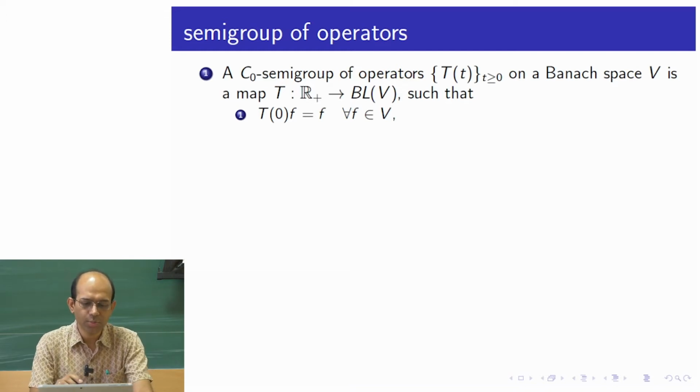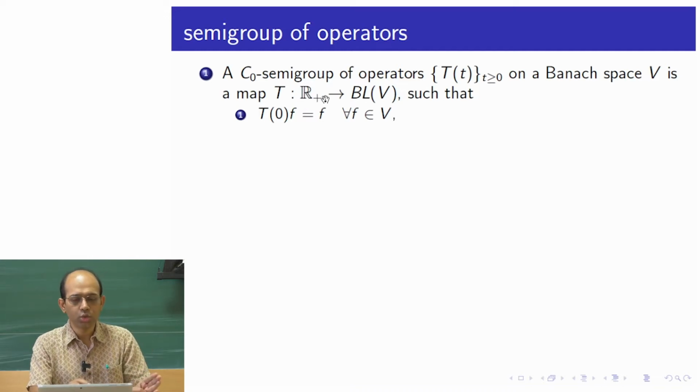A C0 semigroup of operators T(t), t greater than or equal to 0, defined on a Banach space V, is a map T from R plus, that is closed 0 to open infinity, to BL(V), the set of all bounded linear operators on the Banach space V. Here small t is coming from R plus, and capital T of small t is an operator which belongs here.